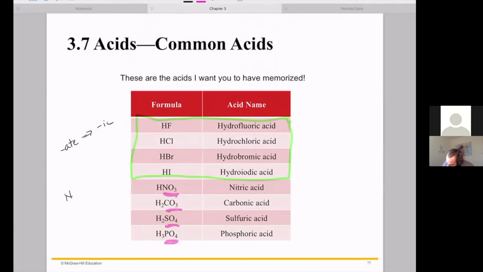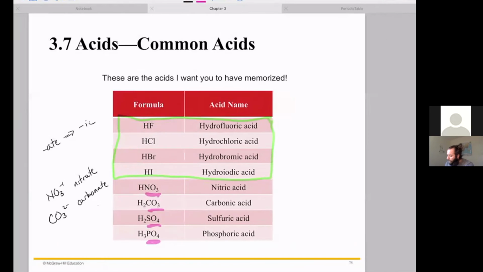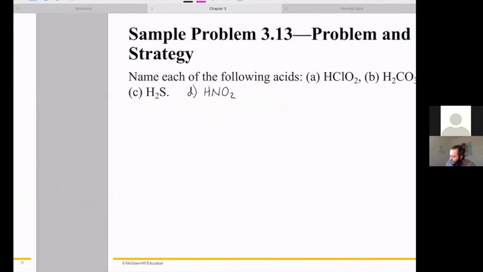This would be NO3 minus 1 is nitrate, so this is nitric acid. Same thing with CO3 2 minus, carbonate. This would be carbonic acid. Sulfate, sulfuric acid. Phosphate, phosphoric acid.